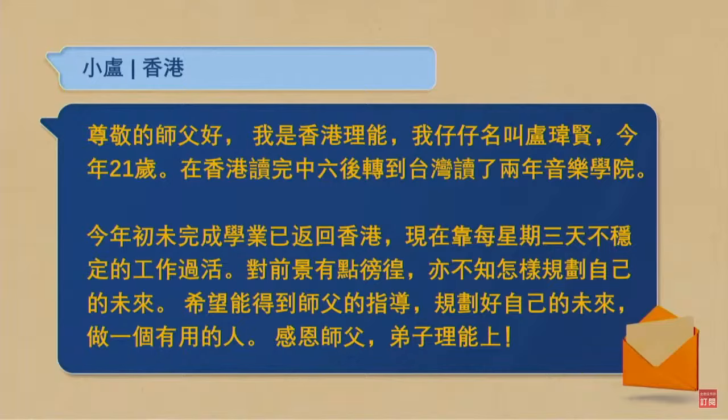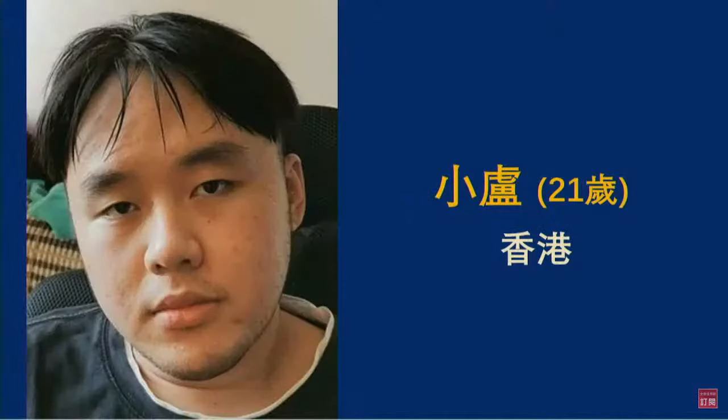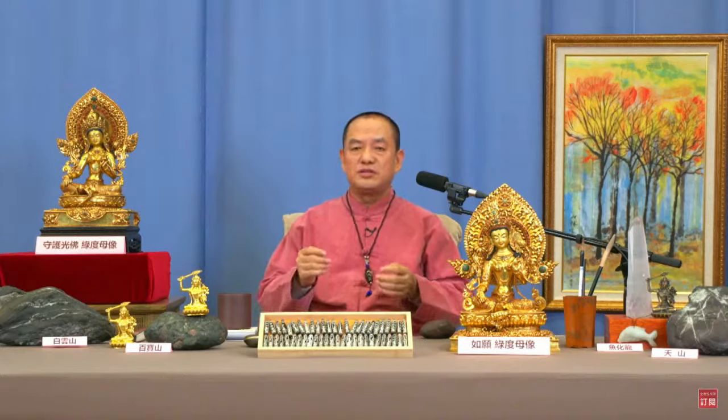So Li Neng is the parent, and he's asking this question for his son. So Xiaolu learned music in Taiwan, and he has returned to Hong Kong before graduation. It didn't clearly state why he went back to Hong Kong. Was he depressed, or did he run into some sort of obstacle?